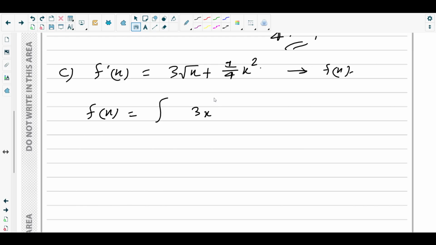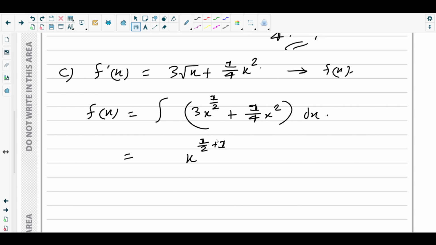So the integral of 3x to the power half plus 1 over 4 x squared, dx. We are just integrating to get f of x. We need to go reverse. In differentiation we subtract 1 from the index of x, so in integration we will do the reverse. We will add 1 to the index.